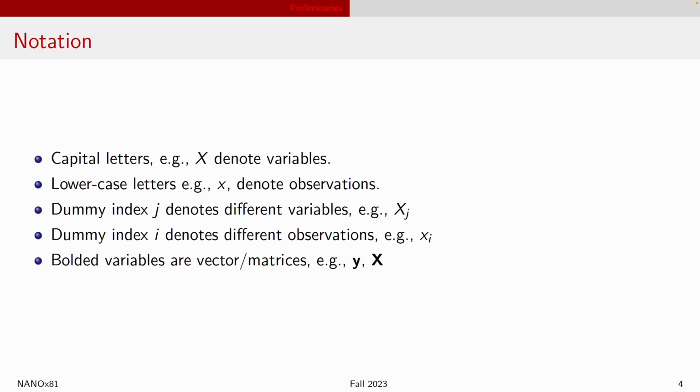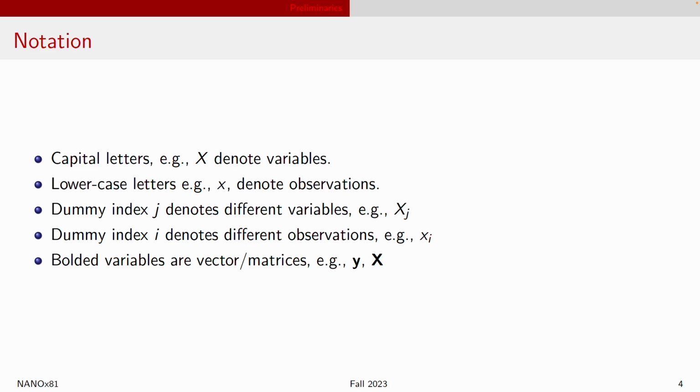All right. Now, a little bit about notation. In general, I will use capital letters to denote variables, okay? This is a very common notation that is used. Lowercase letters will denote observations, okay? So if I'm talking about a specific set of data, those will be denoted using lowercase variables. And for the indices, if I use dummy index j, that indicates they are different variables. And if I use dummy index i, that indicates there are different observations, okay?